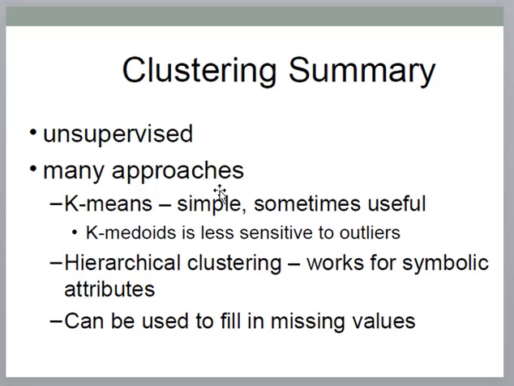And k-medians is a variation of the basic k-means algorithm, and it is also employed sometimes, and it is less sensitive to outliers. And we also have hierarchical clustering algorithms, which basically work for symbolic attributes, and this can be used to fill in missing values.